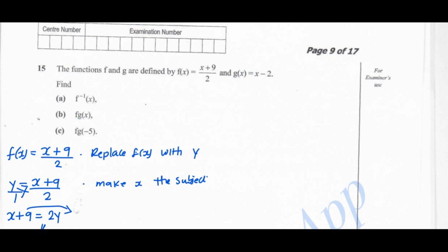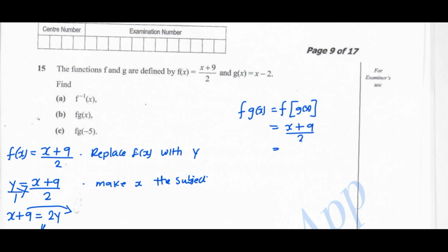Then f g of x. Here we want a composite function. The first function is f, then the inside function will be g. So we first write the function for f, which is (x plus 9) over 2.